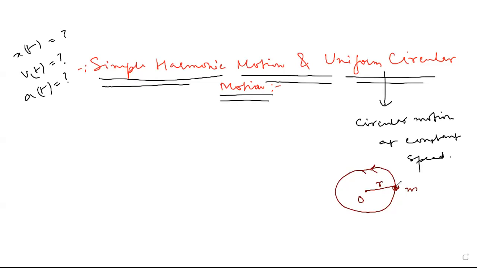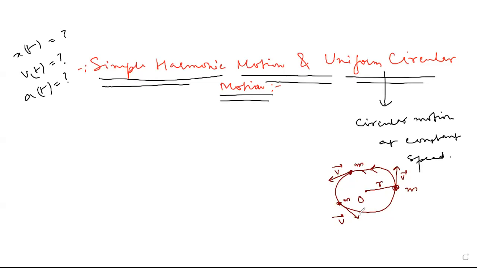And you know, since the velocity of the particle is tangent to the path, here the velocity vector is this way. At some other point, when the mass reaches here, the velocity vector will be this way, and at some other point, this way. So since the velocity vector is changing direction with time as motion proceeds, acceleration is produced in the body.